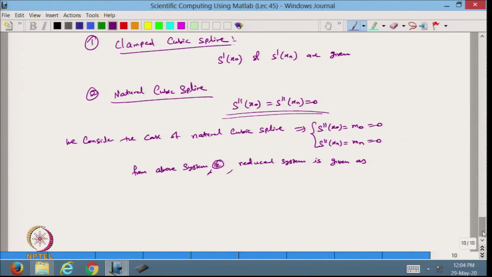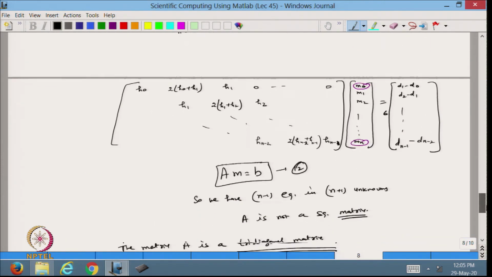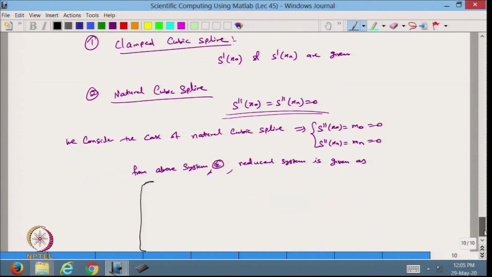So, if you see from here, I will get the first one, which will start from 2h0, h0 plus h1, h1, 0.